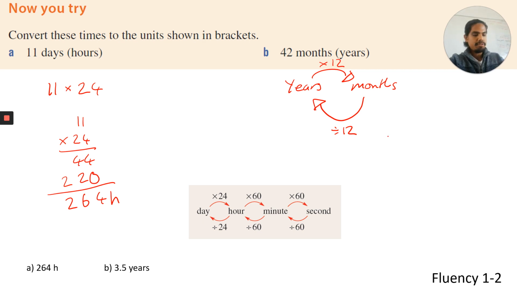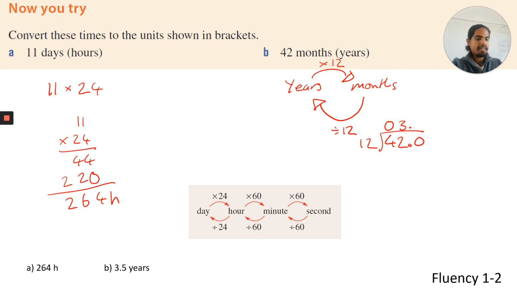So we have 42 months, and we're going to divide by 12. Right, so 12 into 4 is 0 times; 12 into 42 goes 3 times with 36. Right, 3 12s are 36. And I'm going to add a decimal point here.